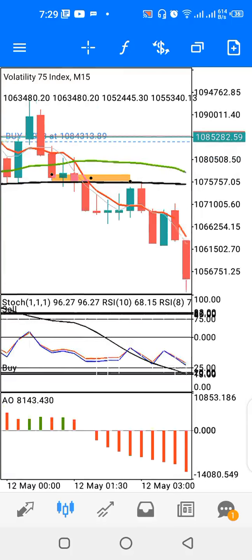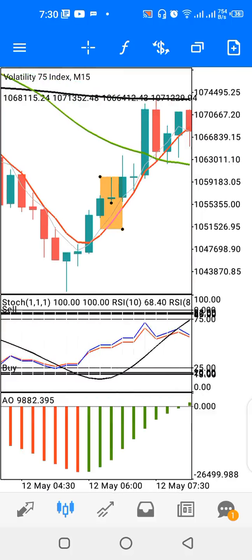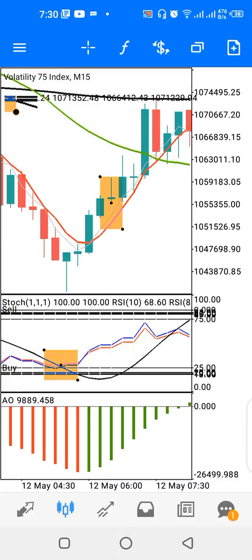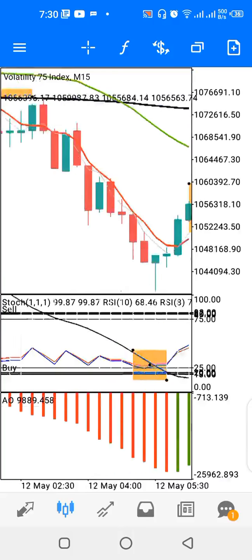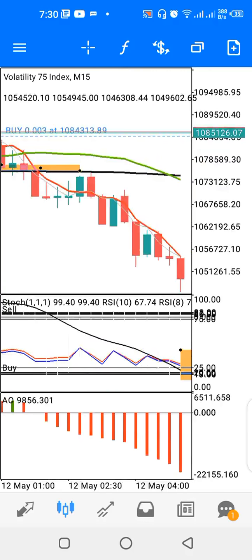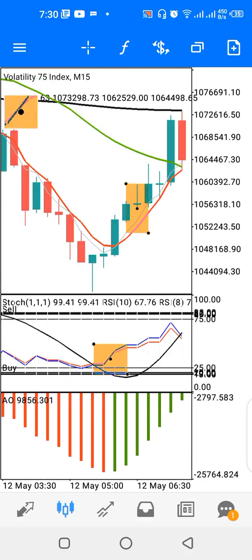For buy signal, when they cross above, I look out for my buy signal. So that's very simple enough. So don't forget, when the blue and the red lines cross down, I have my sell signal. And then when they cross up, the crossing up is usually around the 25 level.